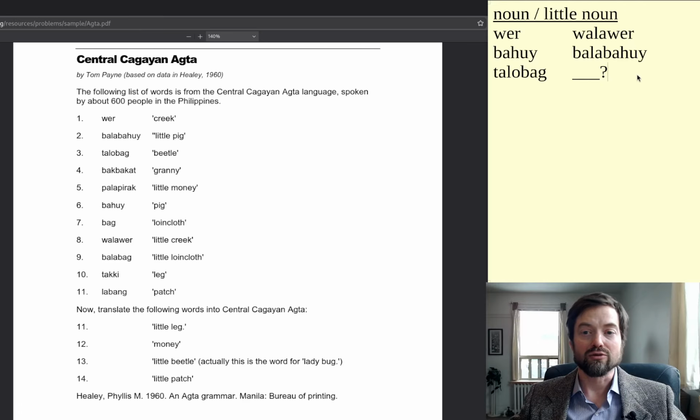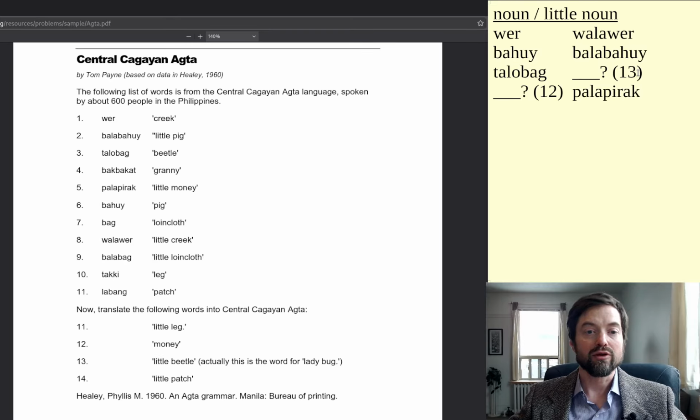And next we get to little money. So that's where we get, again, the mystery word because that's going to be 12. Okay, and then we can write this out here. So we have 13, and this is 12, and now we have little money is pala pirak.